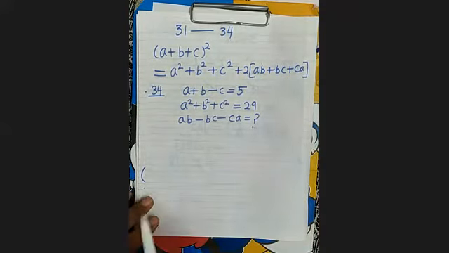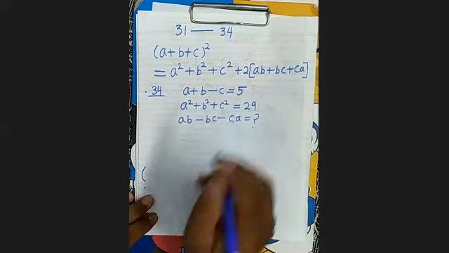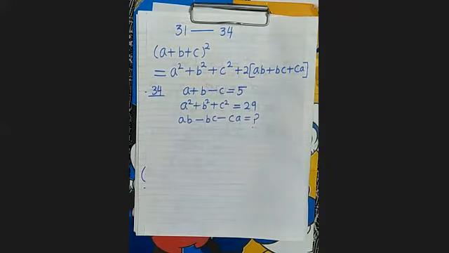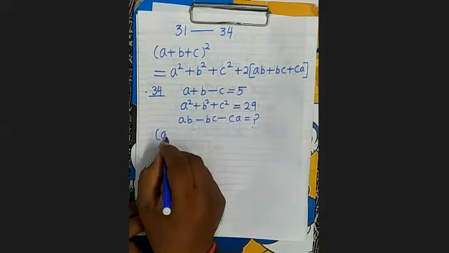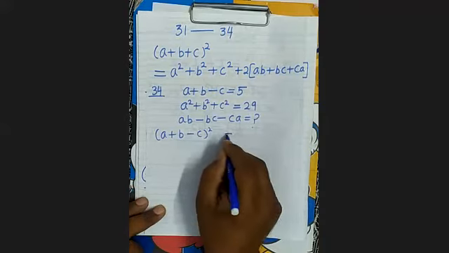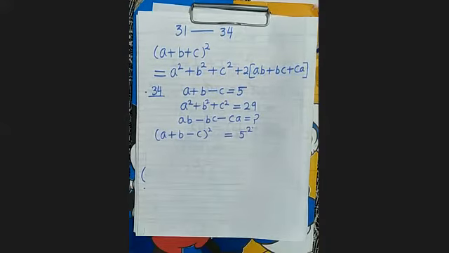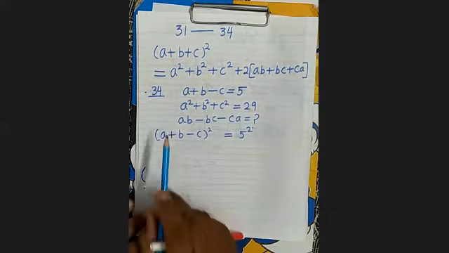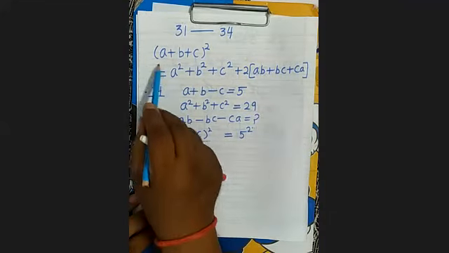So what will you do? You do the square of both the sides. (a plus b minus c) whole square equals 5 square. And compare this with this formula.